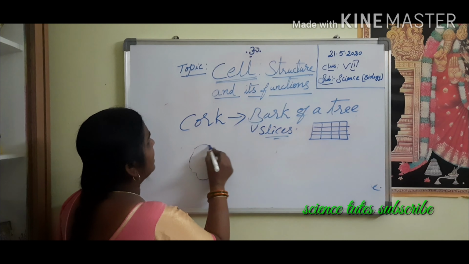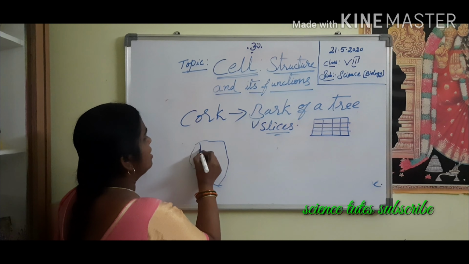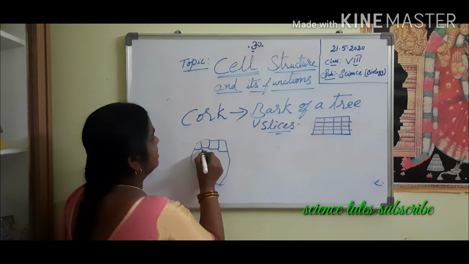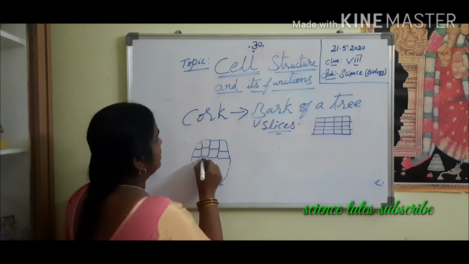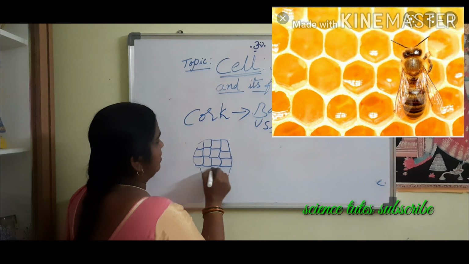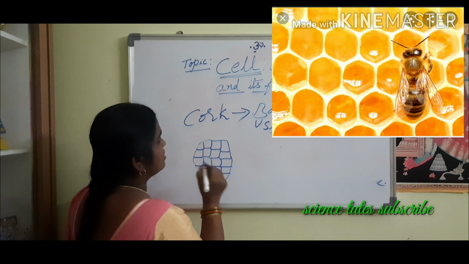I am drawing it myself, and I find this structure here. The parts are like this, and every part is nicely designed. The honeybee is very intelligent. It builds its house very quickly.